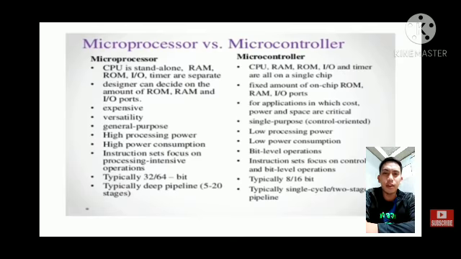Now let's go to the microprocessor versus the microcontroller. Microprocessor: the CPU is standalone, with RAM, ROM, input-output, and timer separate. The designer can decide on the amount of ROM and input-output ports.